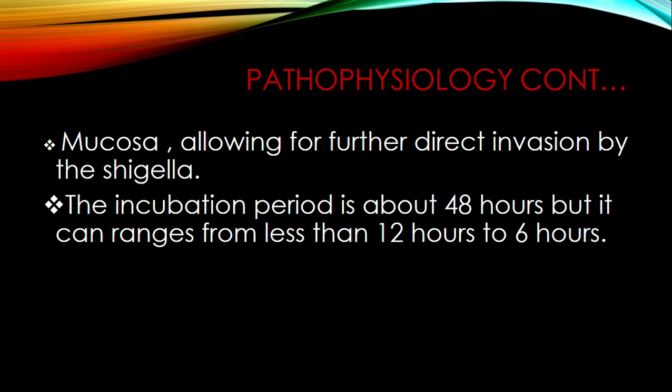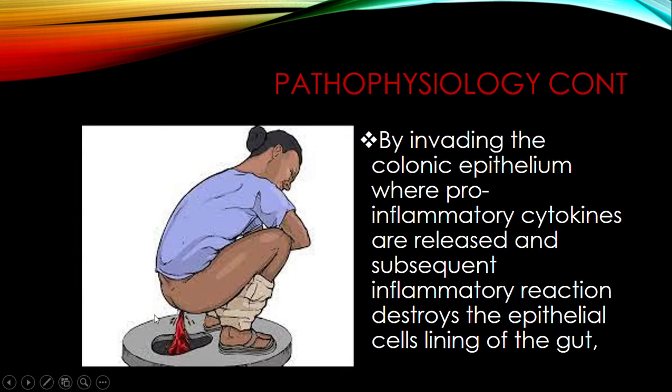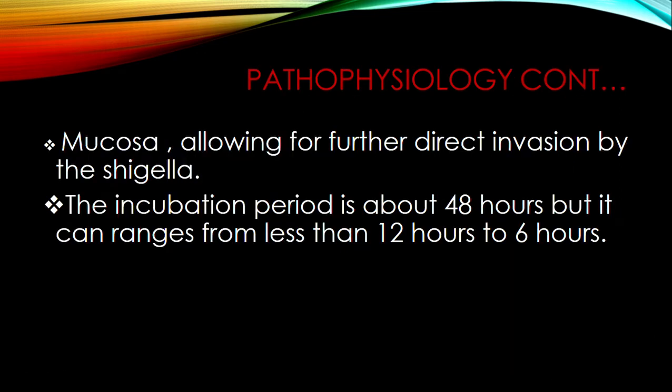So there's inflammation in the mucosal lining of the intestines, allowing for further direct invasion of the Shigella. So there is ulceration. The layer, the cells, the epithelium, are exposed. There's nothing to protect them.